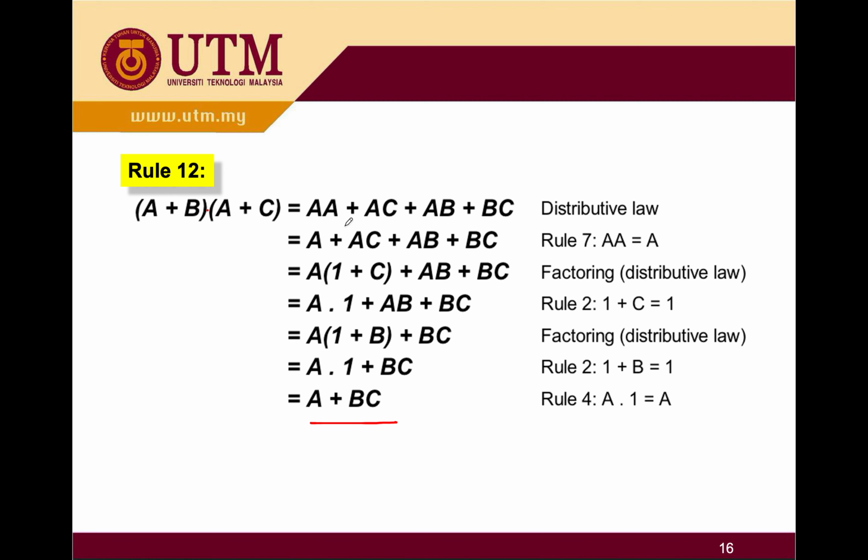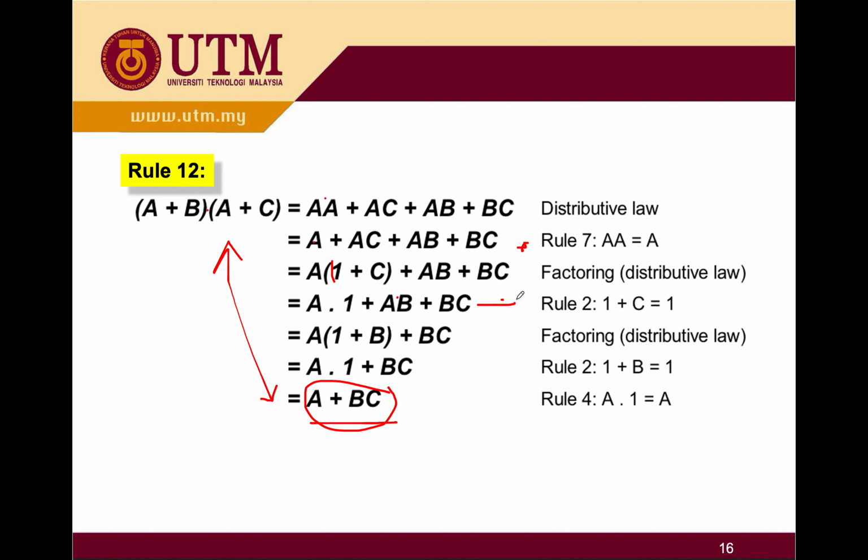So over here you will get a dot a equal to a, rule number 7, and then you can have it like this, a plus ab. You will get, using the factorize, ab plus bc. You can also factorize later on over here, but it depends on what is the similarity for the output and also the input given in the equation.